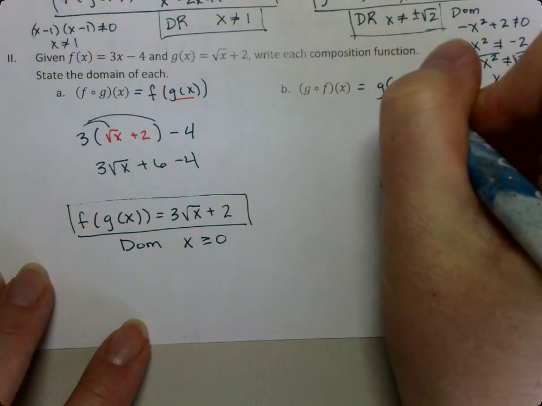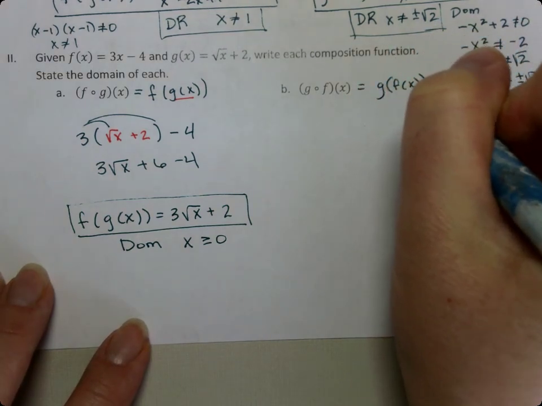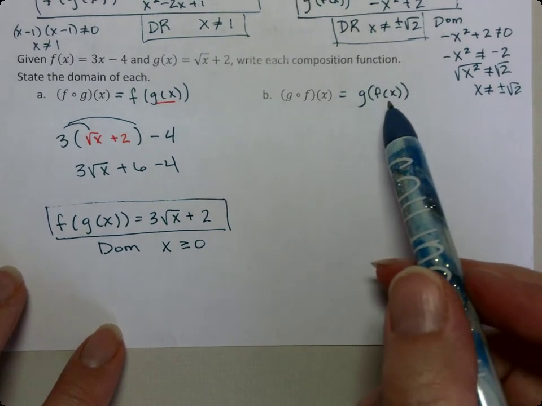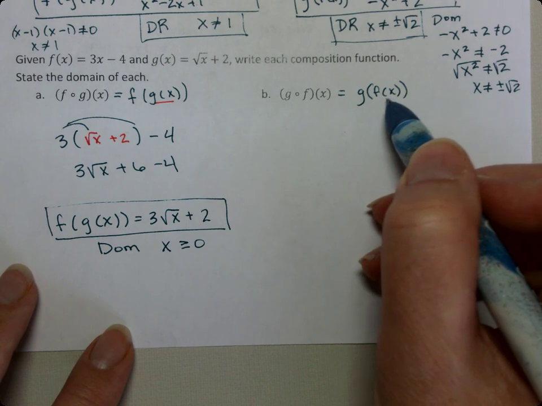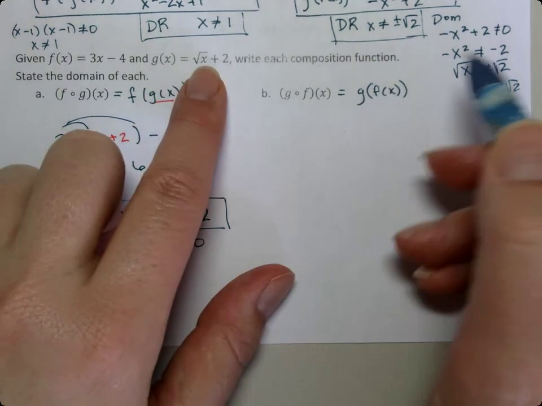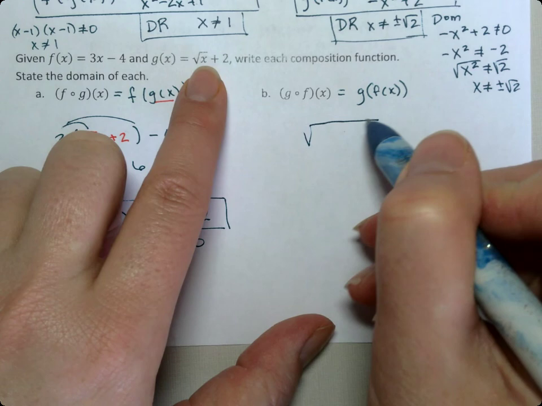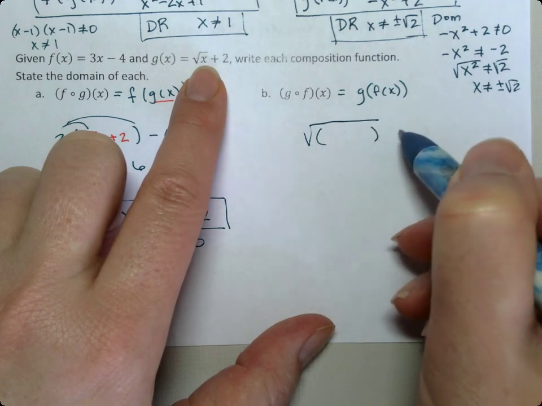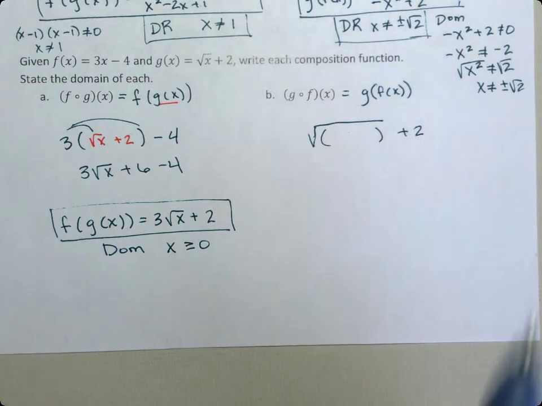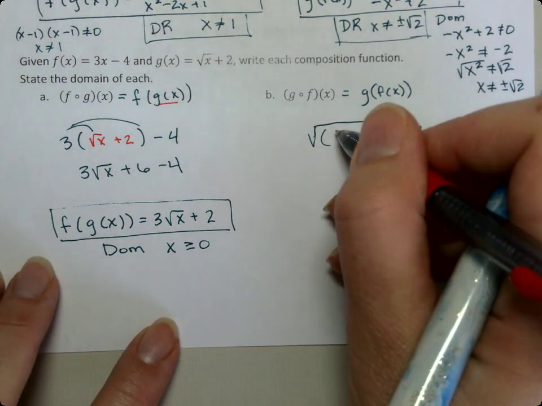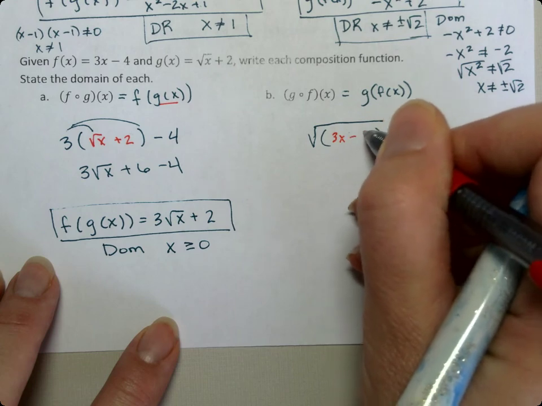It is g composite f of x. Again, it's important to see that the order does matter. Now I'm going to take the function f of x and put it inside the function g. So here's my function g. It's going to be the square root of whatever x is, plus 2. And what goes in for x? That 3x minus 4.